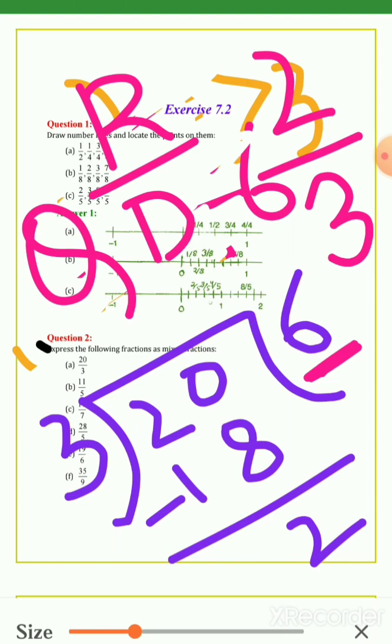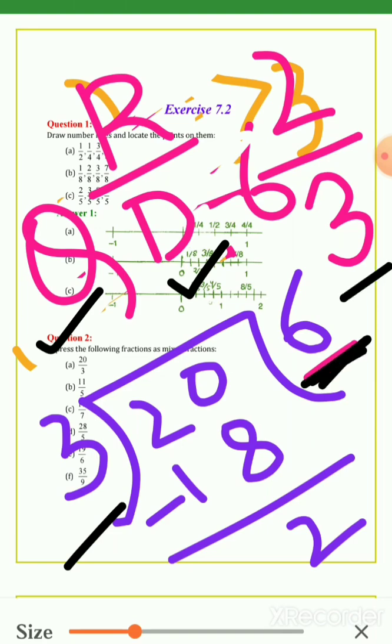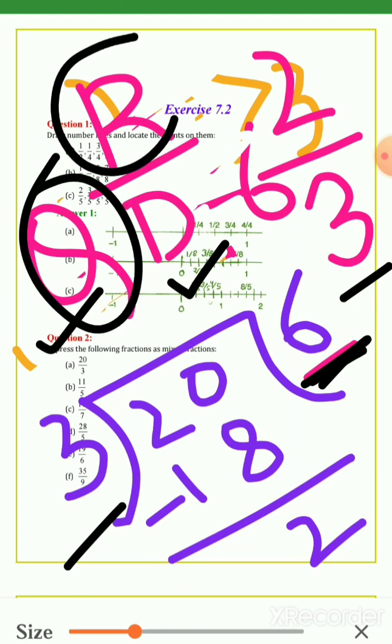This is the divisor by which we are dividing, that is 3, and the remainder is 2. So 6 2 by 3 is the mixed fraction of the first number.